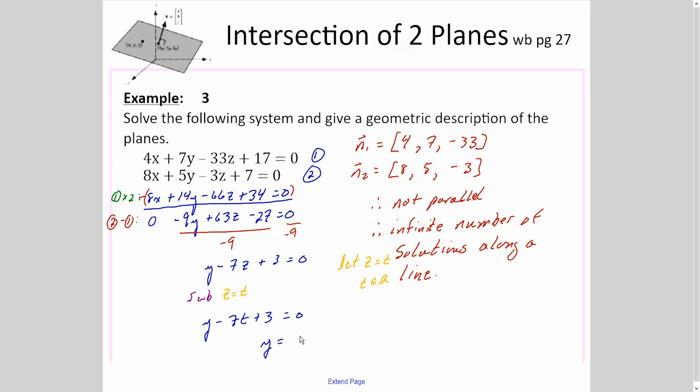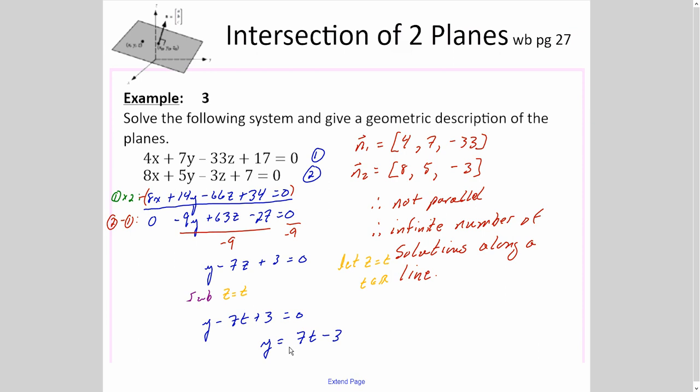And I'm left with y is equal to 7t subtract 3. And you'll start to notice I chose t for a very specific reason. This t value is a value that we quite often use when we're doing our parametric equations or our vector equations.